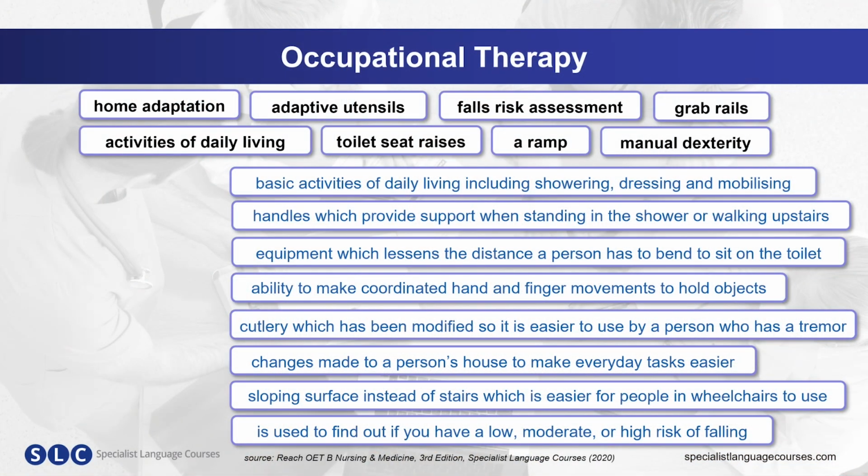So once you have identified vocabulary, it's good to be clear about the meaning and how it's used in context. Let's take a look. First, match these words to their definition.